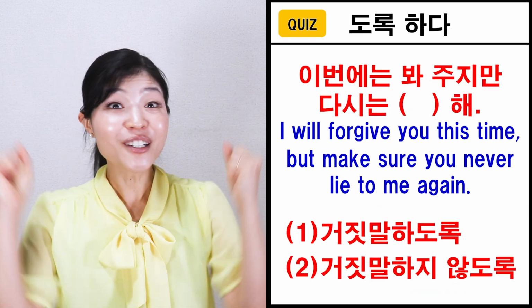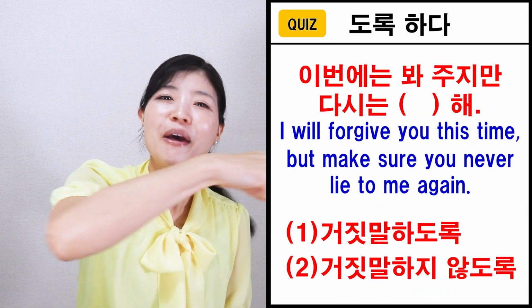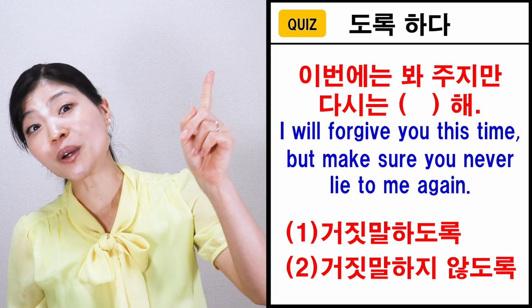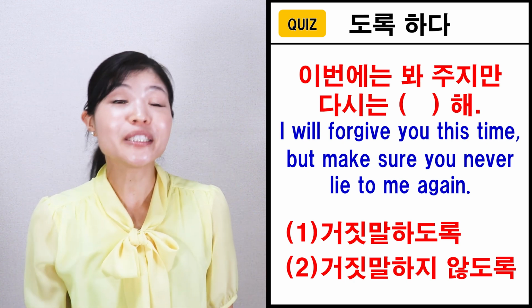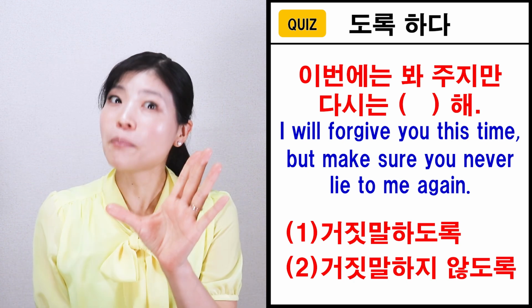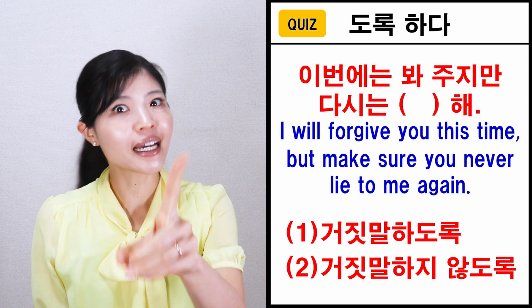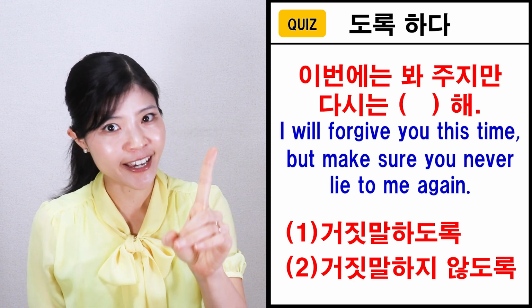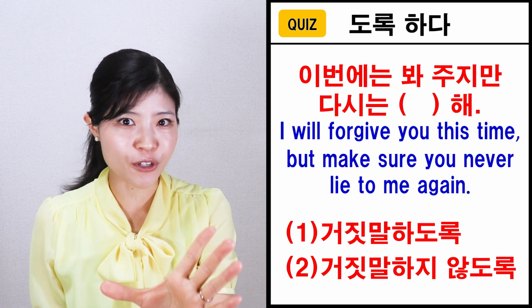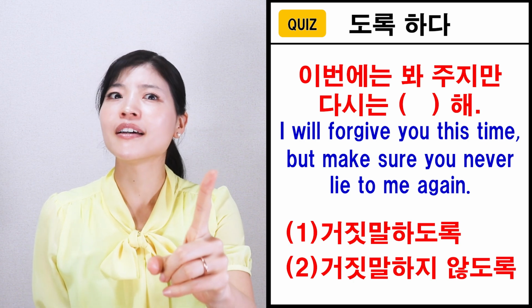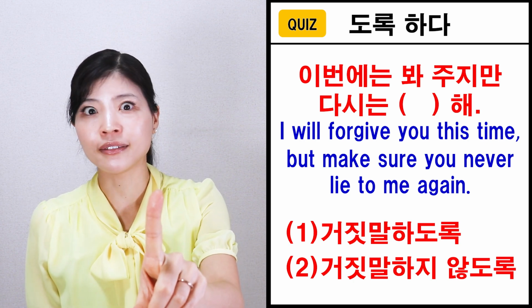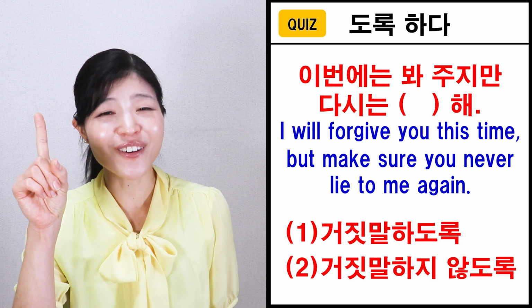Crystal clear? Quiz! Now let's deepen our understanding of 도록 by taking some quizzes. Which one is the correct answer? 이번에는 봐주지만 다시는 해. I will forgive you this time, but make sure you never lie to me again. Number 1, 거짓말하도록.